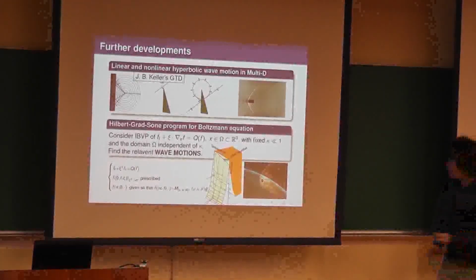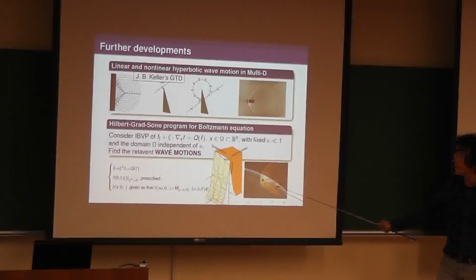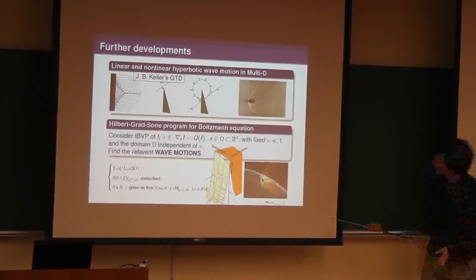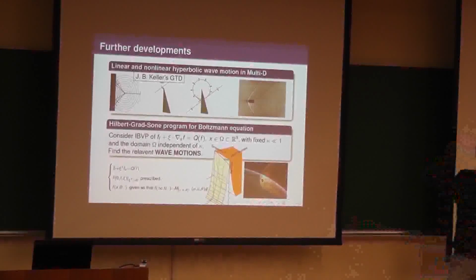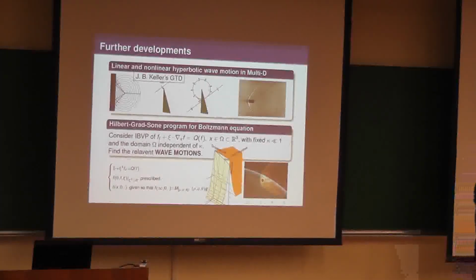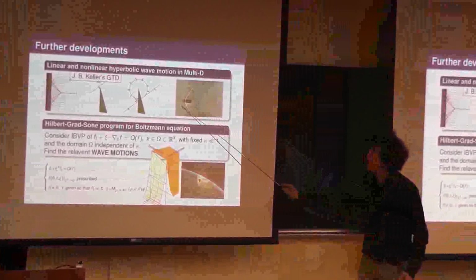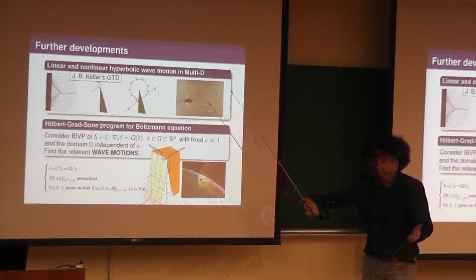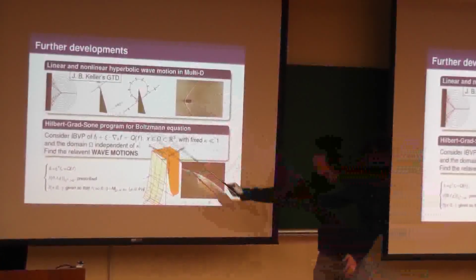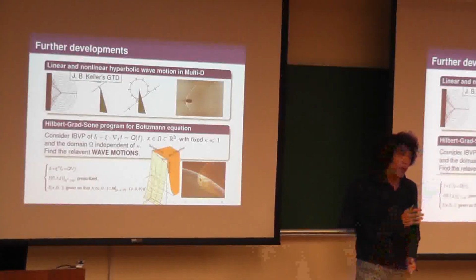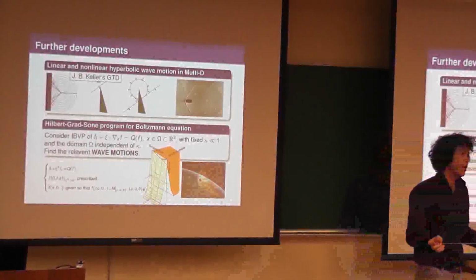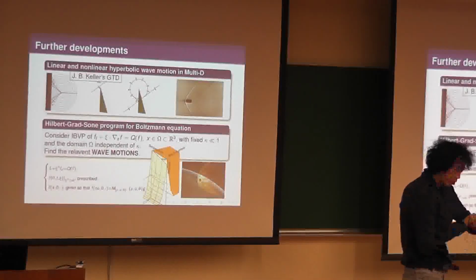In the long run, the connection from the vacuum to the kinetic equation and to the Euler equation, how to connect these three branches of physics in terms of mathematical theory, will be a very interesting and challenging problem. Also, how to study the wave equation and the hyperbolic equation in multi-D with the presence of a boundary is a quite interesting and challenging problem for the future. I think I will stop my talk here.